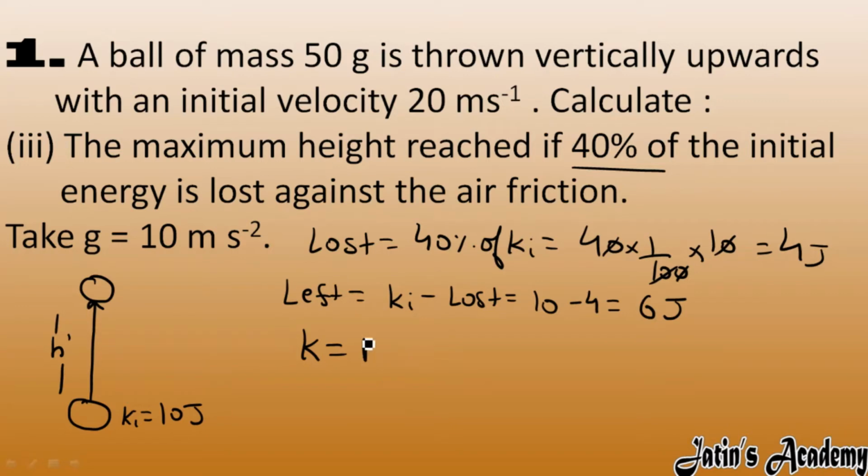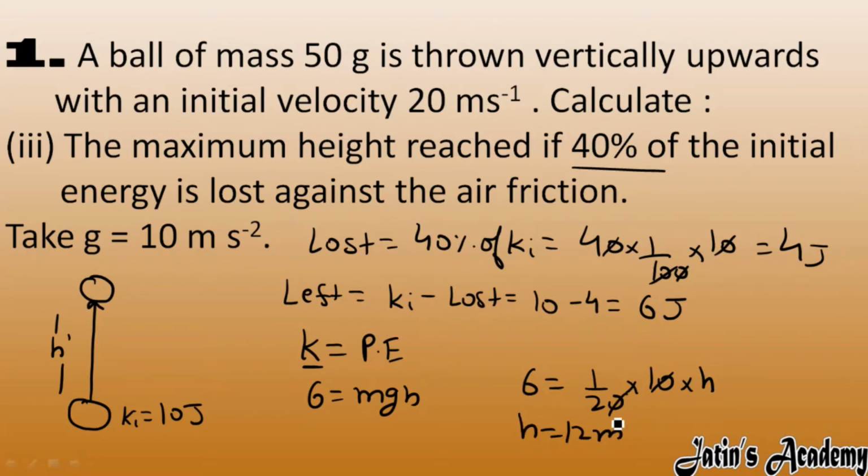The new kinetic energy is 6, and potential energy is mgh. Mass value is 1 by 20, g value is 10, and h we have to calculate. So from here we got h as 12 meter. It means the maximum height reached if 40% of the initial energy is lost against the air friction is 12 meter. Clear?